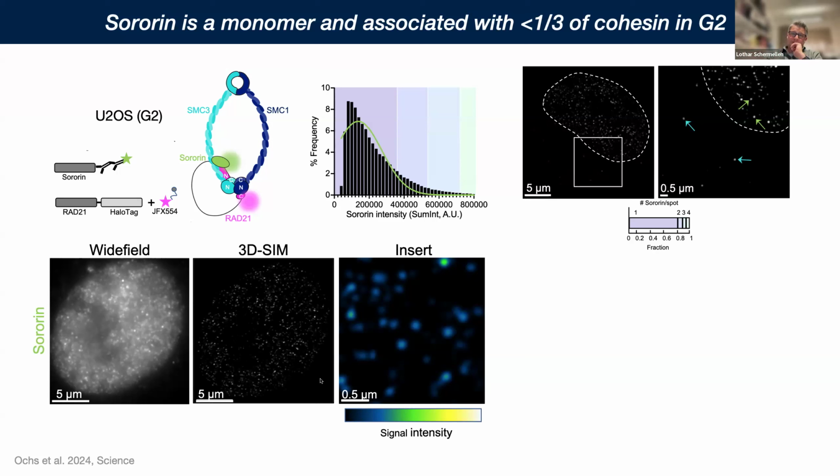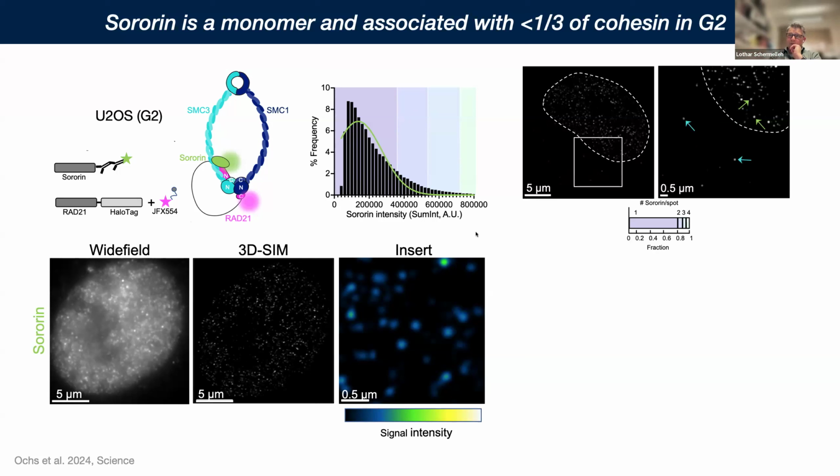If we label sororin, it really comes out as a single monomer. Same thing if we look at background fluorescent spots, they have the same intensity and size as the ones that we see in the nucleus.